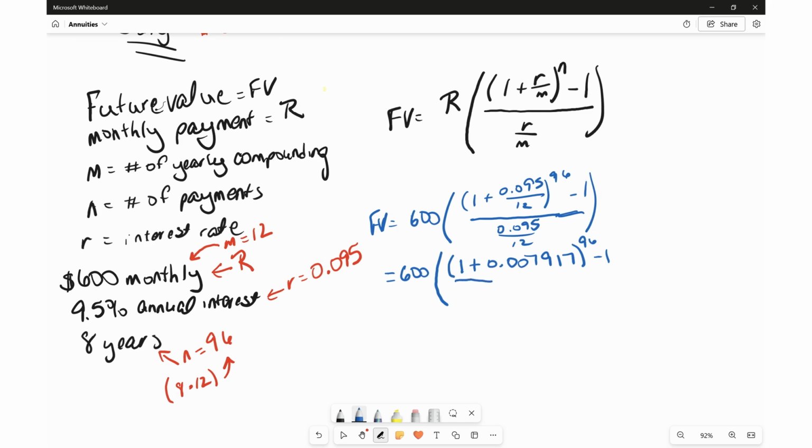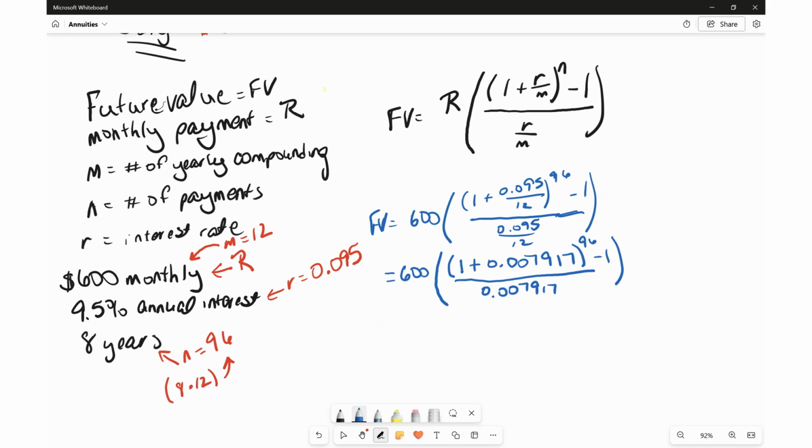And if you notice that 0.007, that is also what is going to be in the denominator, because that is 0.095 divided by 12. So 0.007917 will also go down here. Okay.